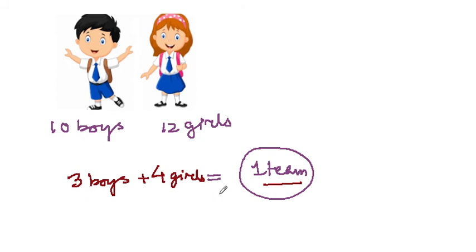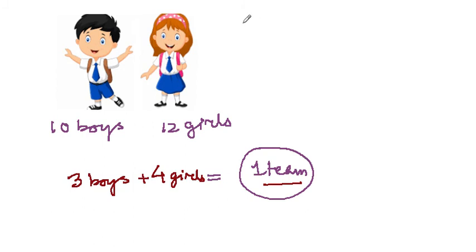So who are those students? Is it going to be the boys or is it going to be the girls? Okay, so the one that is going to be left out is an indicator that that particular part is in excess, and the one which is not going to be left out, okay, that would be the limiting reagent.